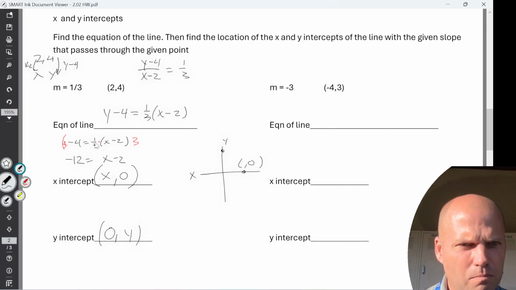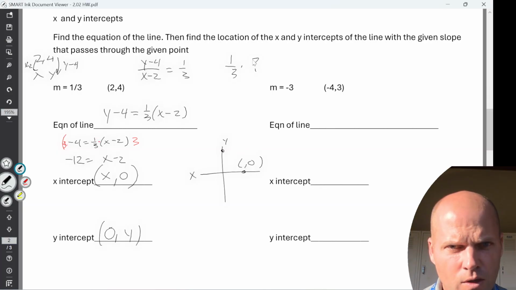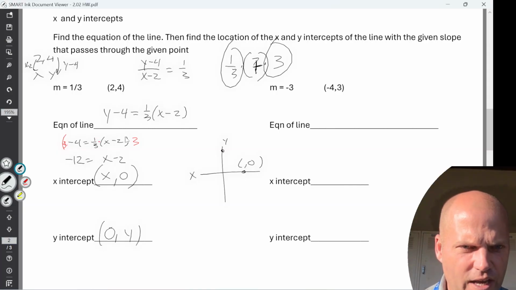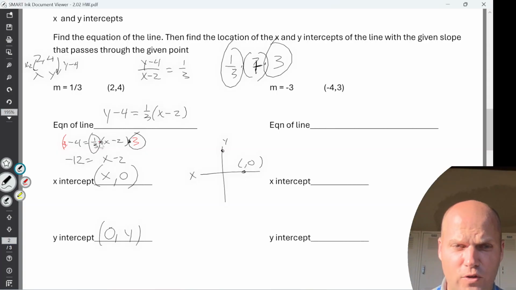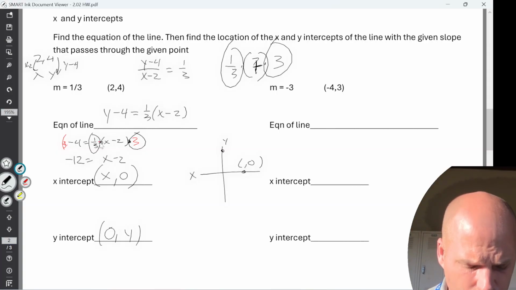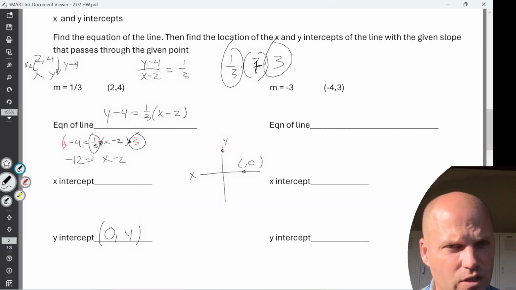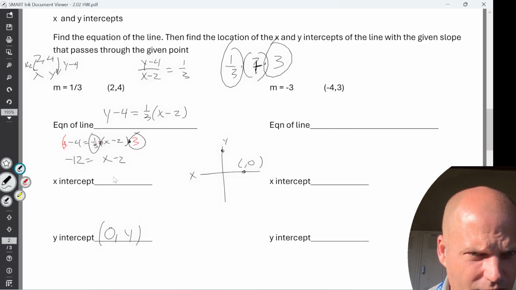Think about the multiplication of 1/3 times something times 3. I'm allowed to multiply the 1/3 and the 3 first, even if the something is like a parentheses and has pluses in it. So a lot of people think they have to distribute the 3 everywhere, but in reality, since it's multiplication of 3 different things, I can multiply the 1/3 and the 3 first, and then leave the x minus 2, which allows me to find this x value without having to work in fraction land. Adding 2 to -12, I get the x-coordinate of -10.